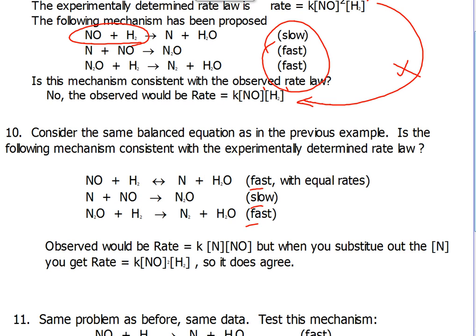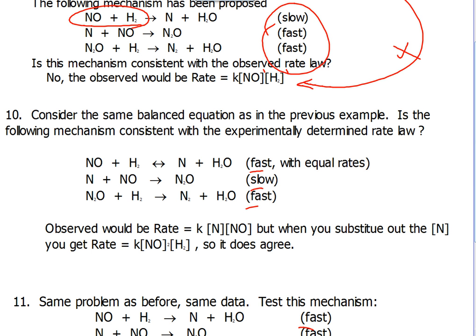Let's try the second scenario. In the second scenario, NO and H2 react, then the second slow step could occur. Now, you can kind of do algebra with this, which really throws some people off. If you have an intermediate, and nitrogen is the intermediate, you can substitute it out and replace it with the other pieces.